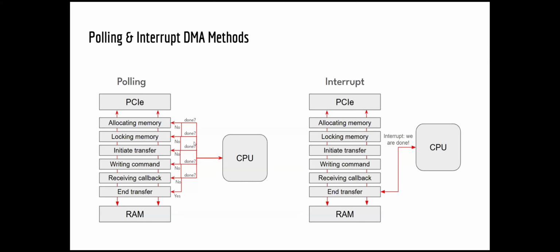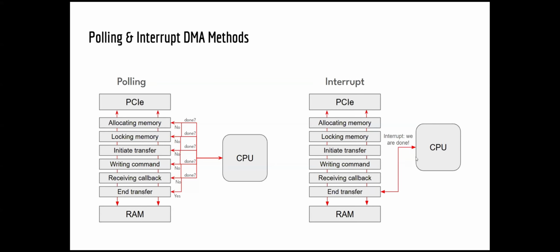So another option to perform this operation is with the interrupt method. The PCIe and the RAM facilitate the connection with the locked buffers, the program executes and all the memory is flowing. And when the transfer is done, an interrupt is raised using an interrupt handler, saying to the CPU, the transfer is done.